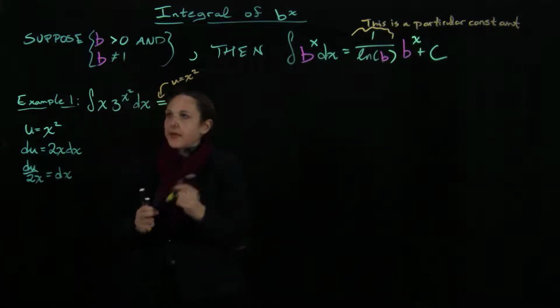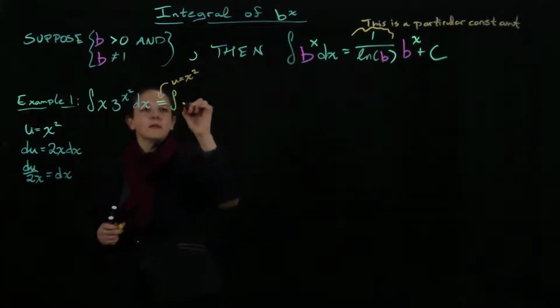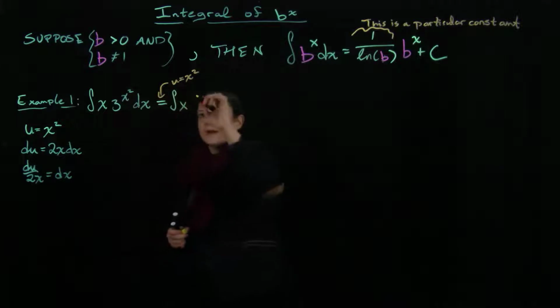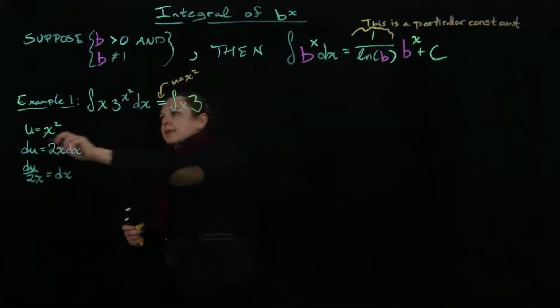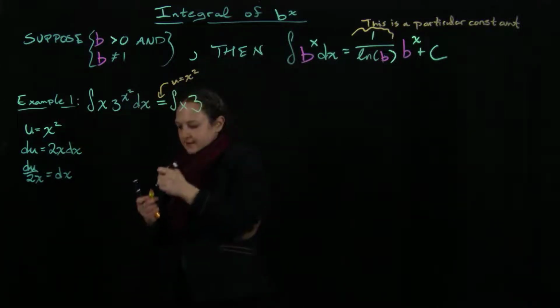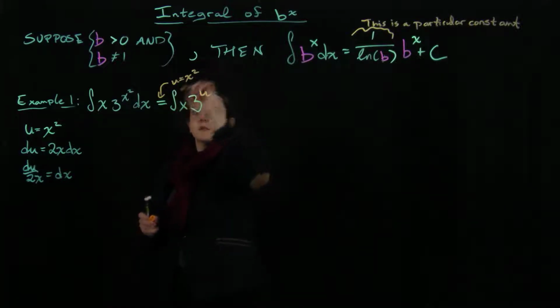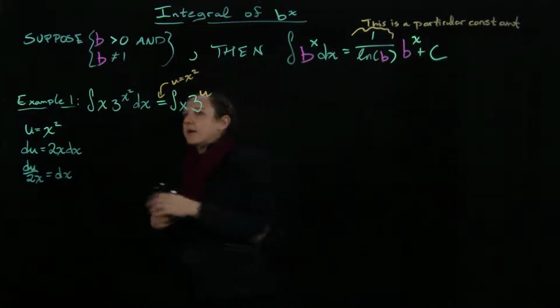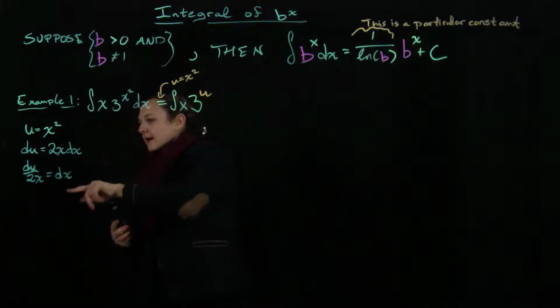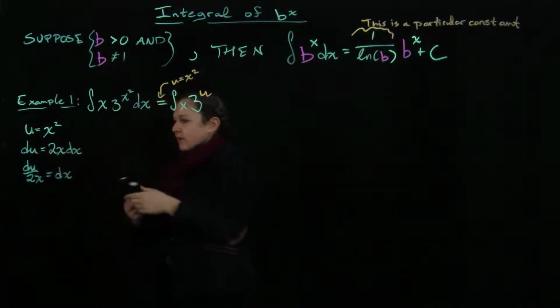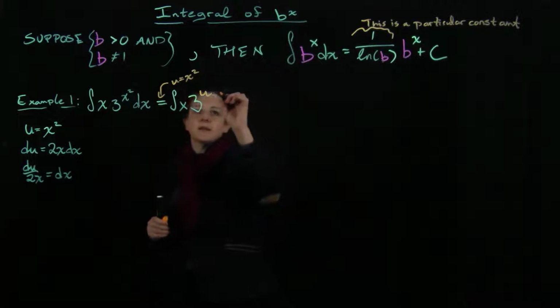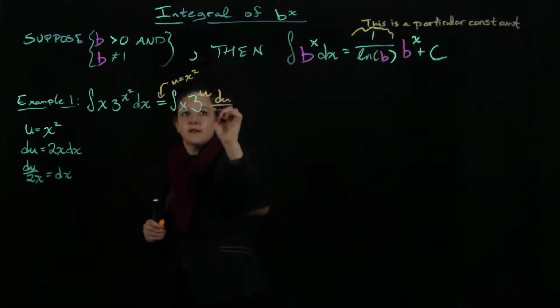What ends up happening is that I get the integral of x, and then my 3 stays there, but my u is going to replace the x squared. And now I have to replace my dx, so I replace it with du over 2x. That's the other replacement that went on there.